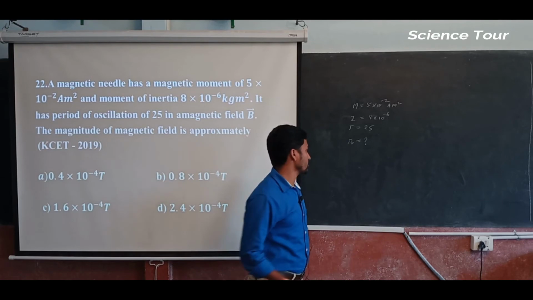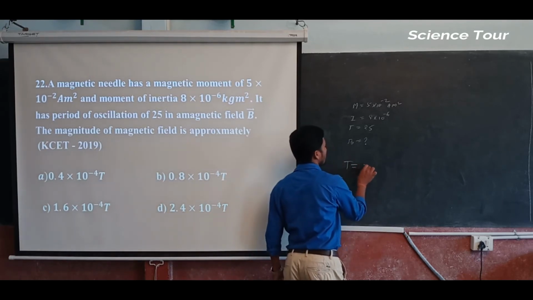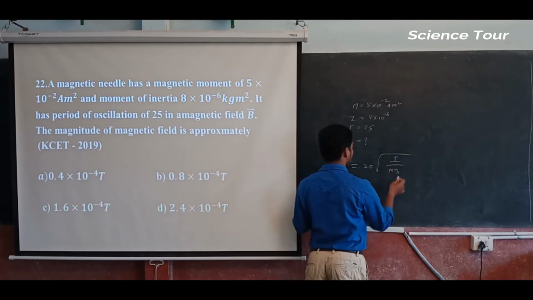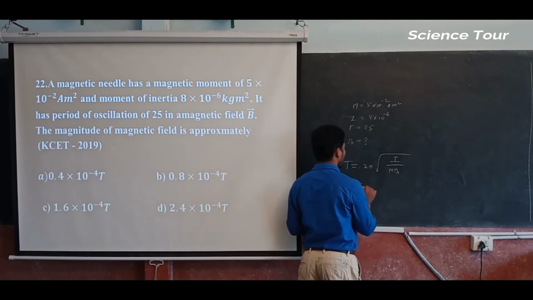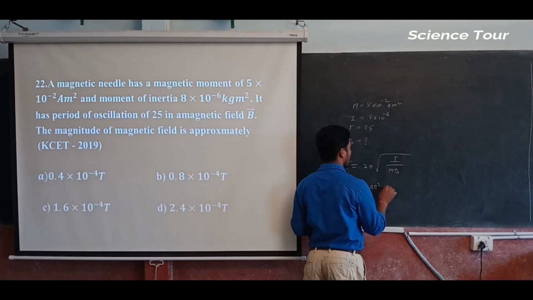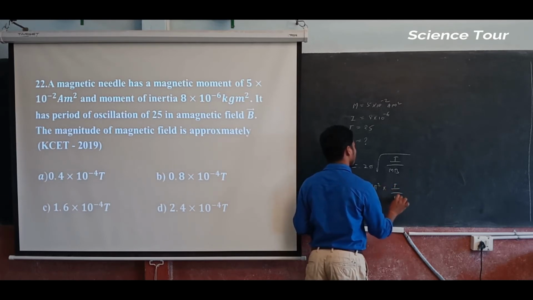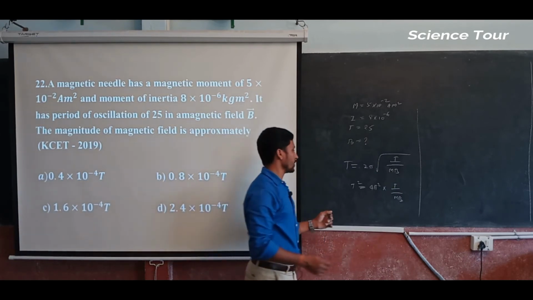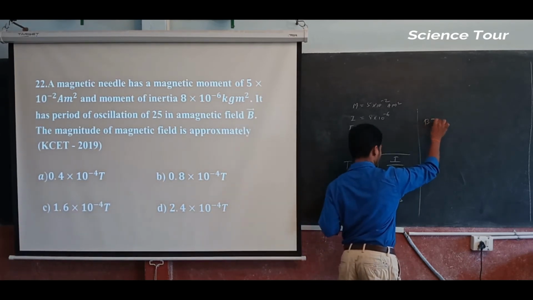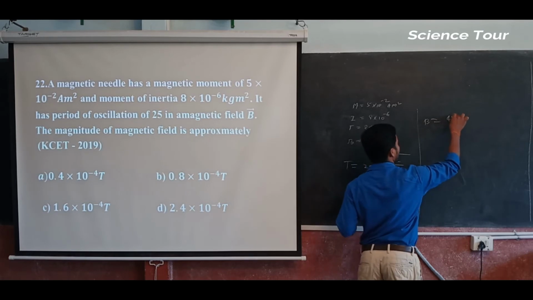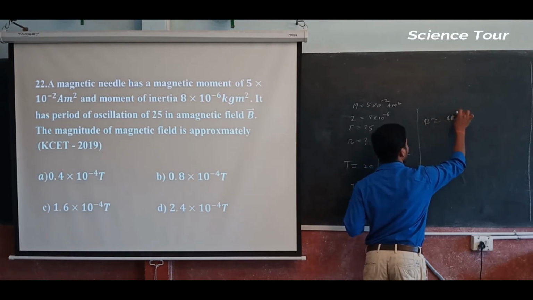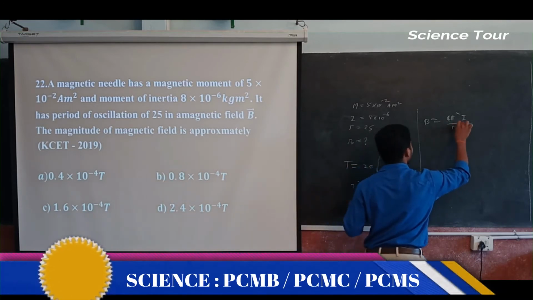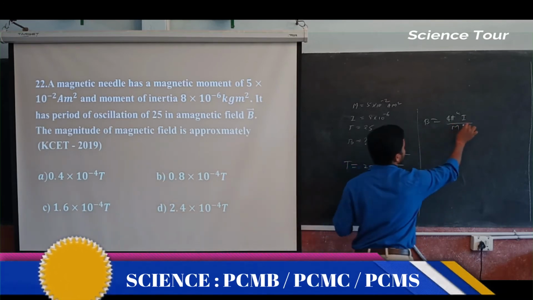The direct formula you have to substitute: T is equal to 2 pi into square root of I by MB, and B is nothing but T square is equal to 4 pi square into I by MB, so that B we are going to get as 4 pi square I divided by M into T square.